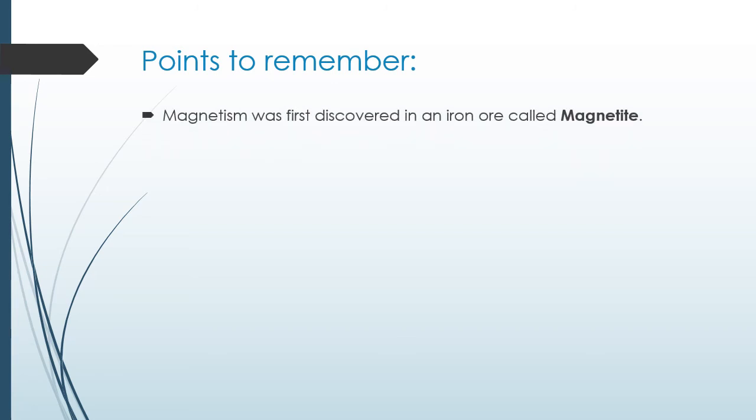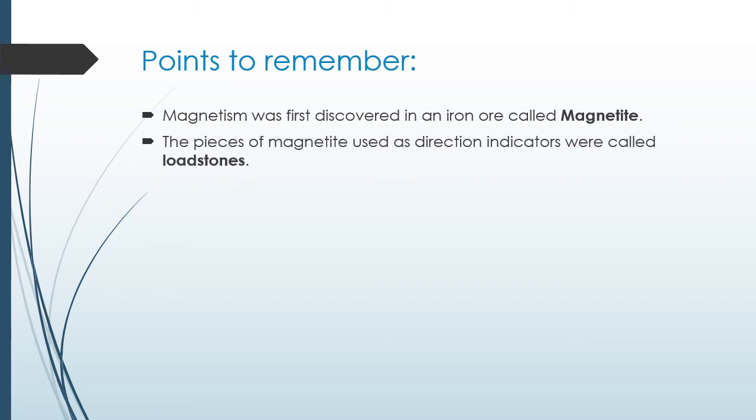So let us recall what we have learned in today's session. Points to remember. Magnetism was first discovered in an iron ore called magnetite. The pieces of magnetite used as direction indicators were called lodestones.